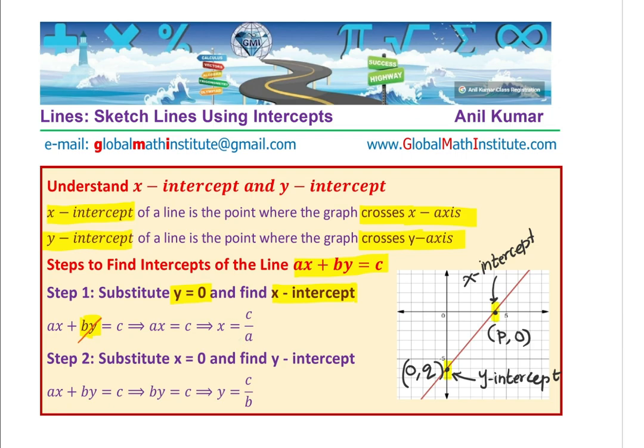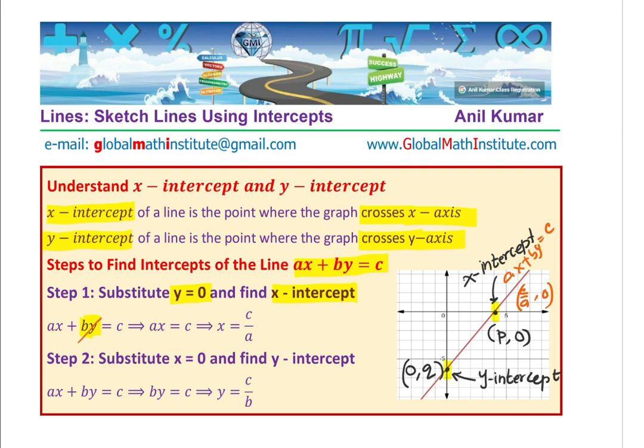So basically, this point here can also be written as (c over a, 0), if the equation of the line is ax plus by equals c. Make sense? So if the equation of the line is ax plus by equals c, then the x-intercept is c divided by the coefficient of x, which is a. And what is the y-intercept?